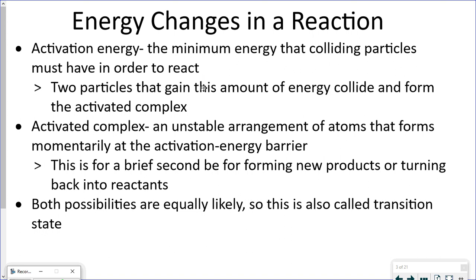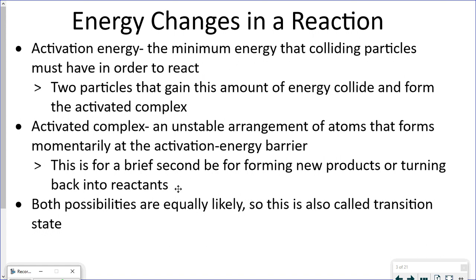Two particles that have this activation energy, whenever they collide, can form our activated complex. The activated complex is kind of like a hybrid molecule where all of the atoms momentarily mush together at the activation energy barrier, and then they can either rearrange to form new products or they will separate back out into the original reactants.